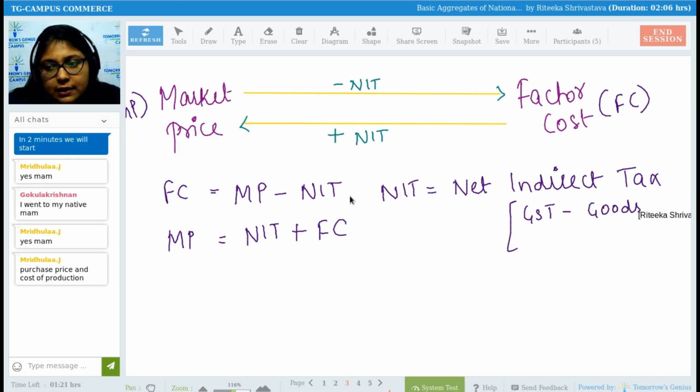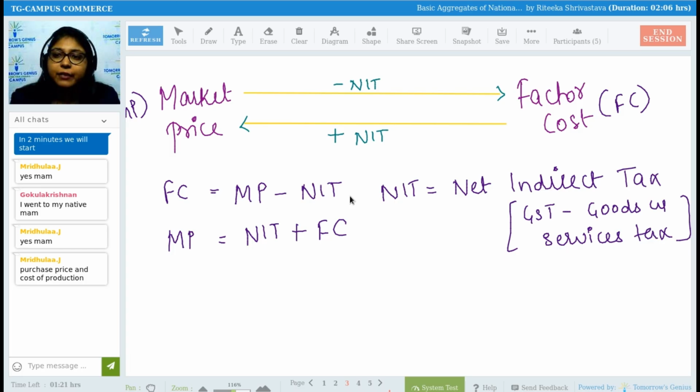Full form of GST is goods and services tax. Now we know NIT is net indirect tax, and the alternative name of NIT, which they might give you in a numerical question, is GST, goods and services tax.